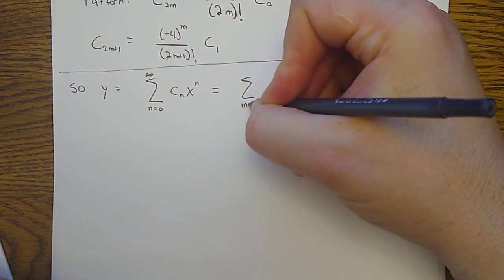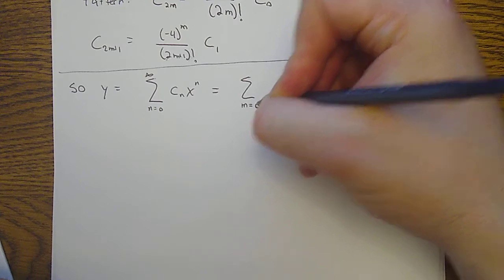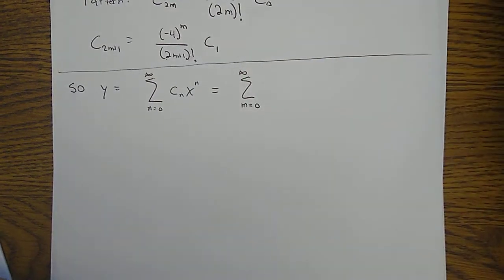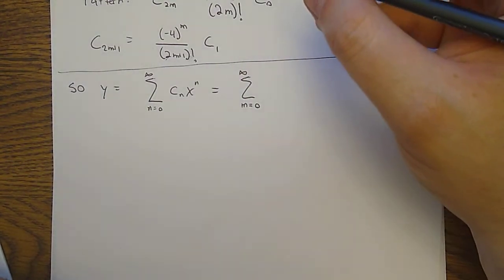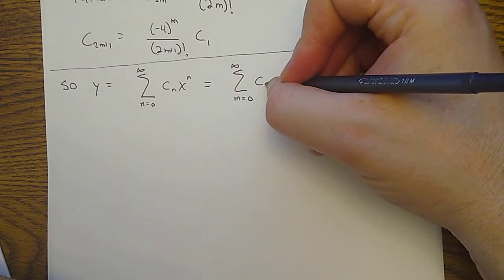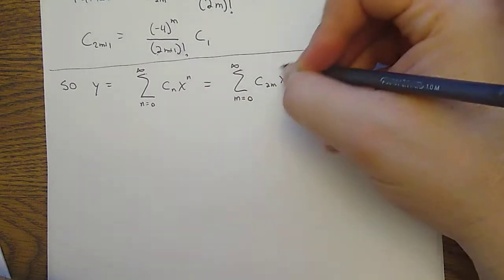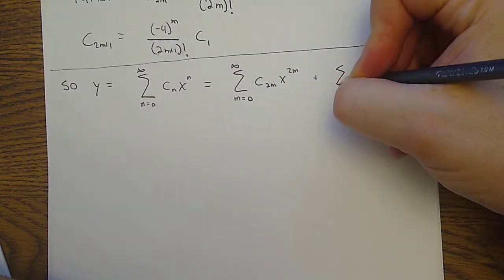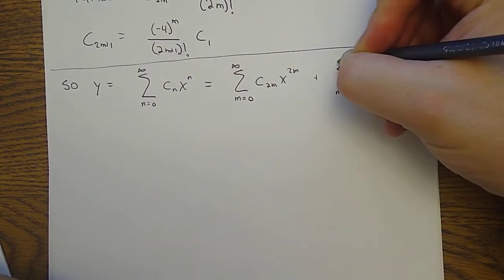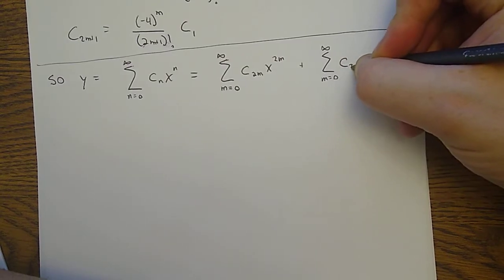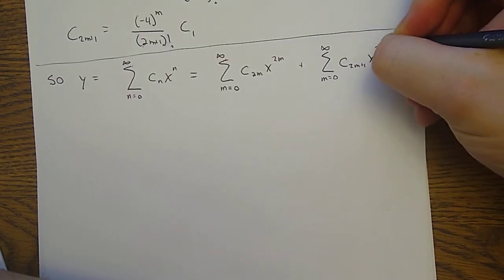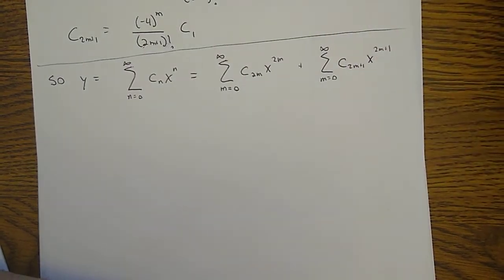So let me do the sum. Here's all the evens, and I'll do the sum from m equals 0 to infinity of, here. I don't want to go too fast. I'm just splitting the evens and the odds.